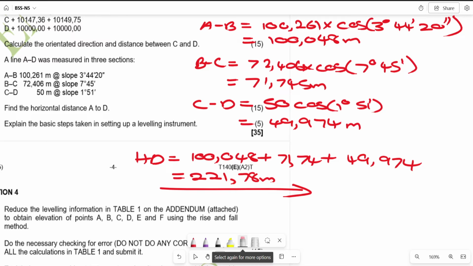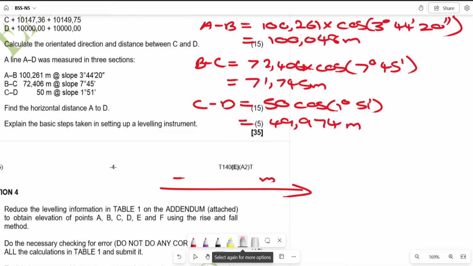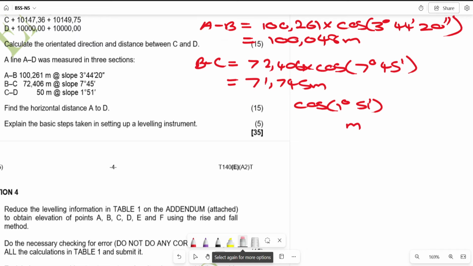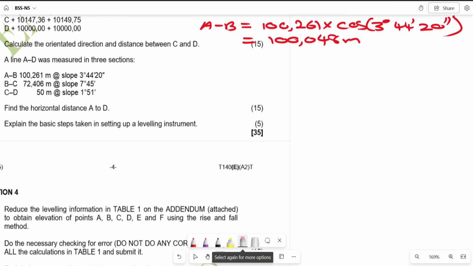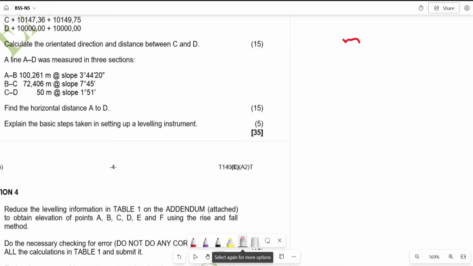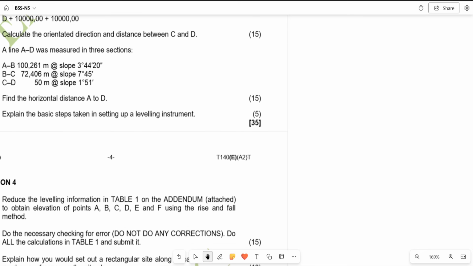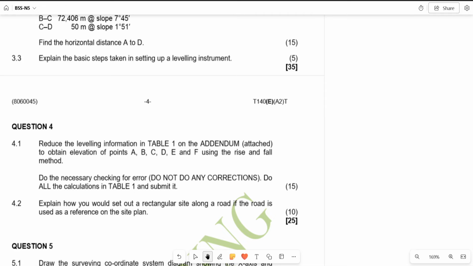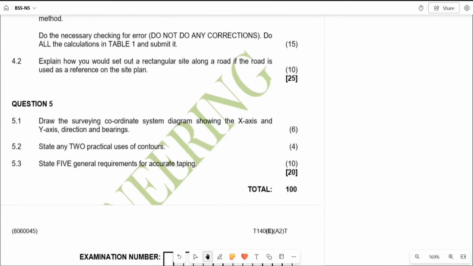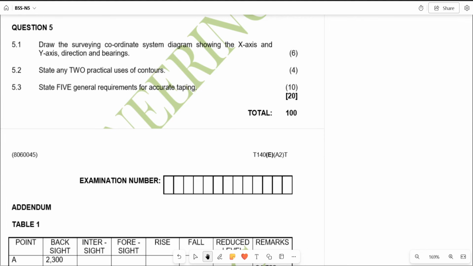Okay, allow me to just erase and do the other question, the rise and fall, right? Rise and fall method, very important. Guys, this is very important. You will see it in almost every paper. Oh yeah, draw the surveying coordinate system diagram.